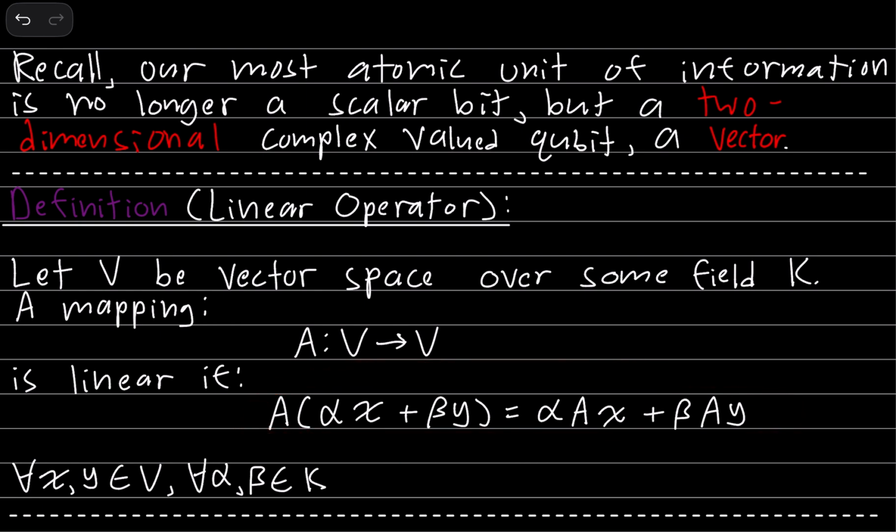So you can pull these scalars out and then distribute the operator to the individual elements of this vector space.